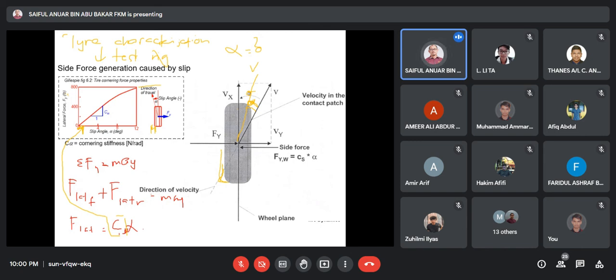Okay, and then usually the characterization done by this machine, tire characterization test rig, is actually very expensive, and usually it will be used by the tire manufacturer itself, and also being used by the vehicle manufacturers in their multi-body simulation.